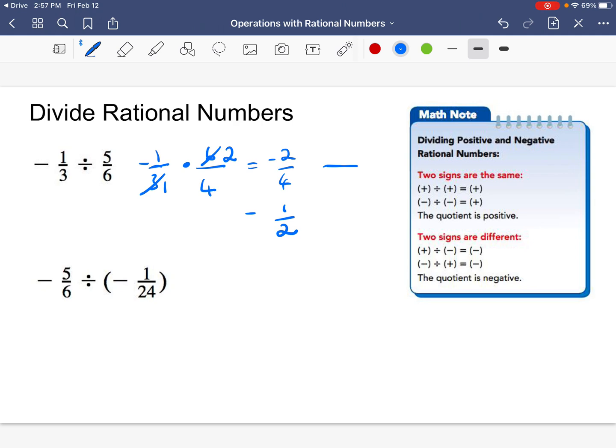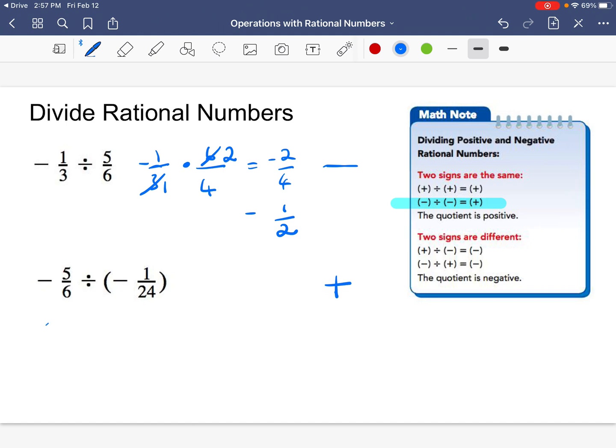Let's look at the second question we have here. And we have negative 5/6 divided by negative 1/24. Again, what sign am I expecting my quotient to be? I am dividing where both signs are the same, dividing a negative by a negative. So I'm expecting my quotient to be positive. So let's do the math.